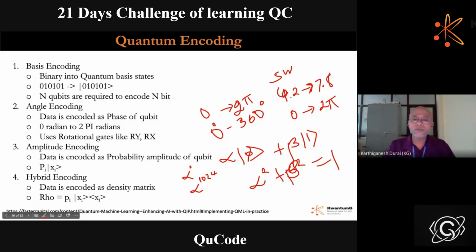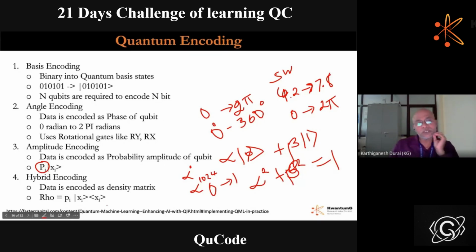That value is between 0 to 1. Any number can be normalized between 0 to 1, and that will be assigned to one of these 1024 values. That is how the probability amplitude works, and it holds your classical data normalized between 0 to 1. Is it clear? This is for amplitude encoding.